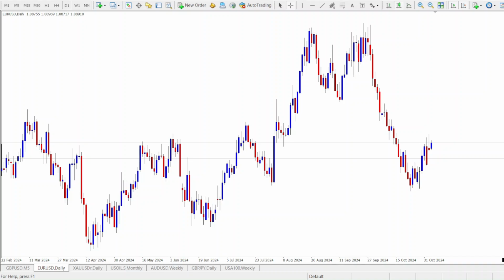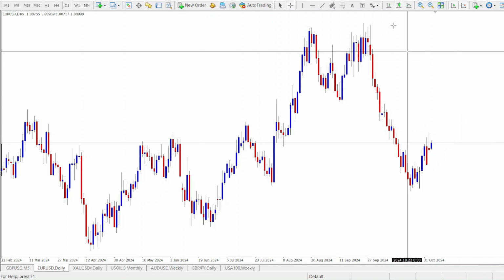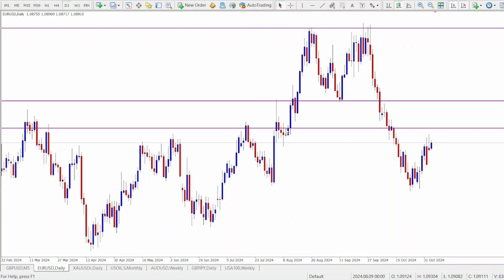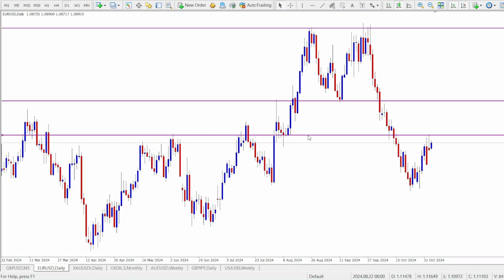You will want to identify key support and resistance levels, price chart patterns, and the way price reacts, basically price action. The use of moving averages and other indicators can also guide your trades.